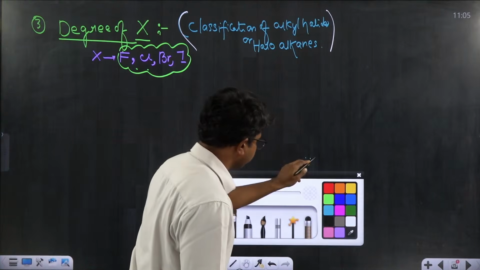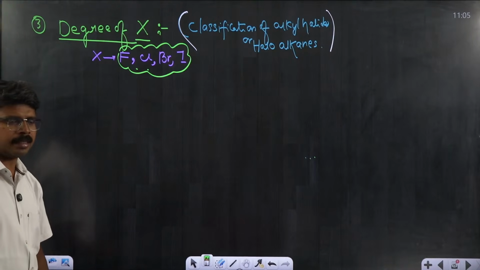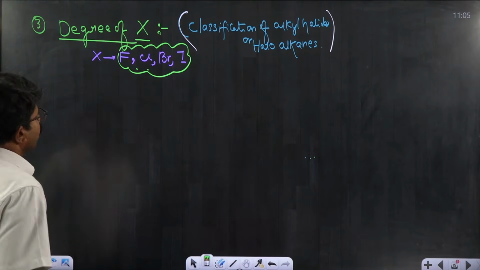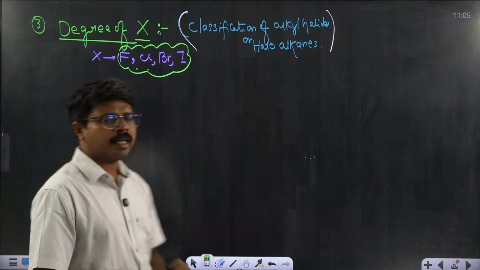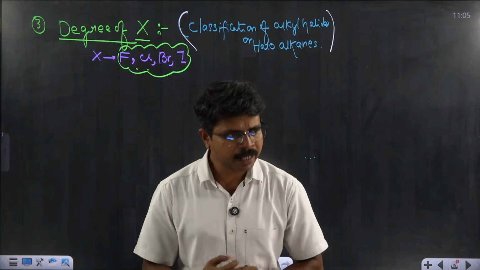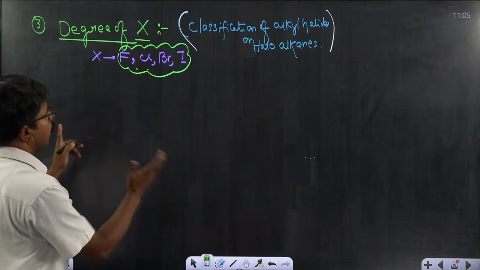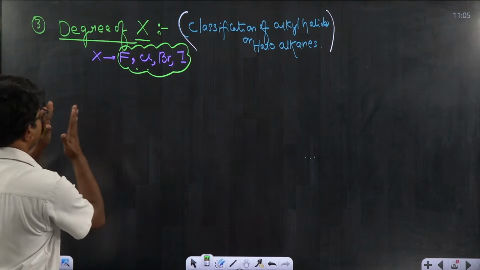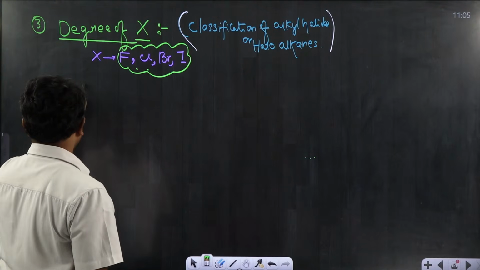Now we are trying to discuss the classification of alkyl halides. Whenever I am referring to degree of halogen, it refers to the classification of alkyl halides. With that intention, we are trying to classify the alkyl halides, or we are trying to explain the degree of halogen.